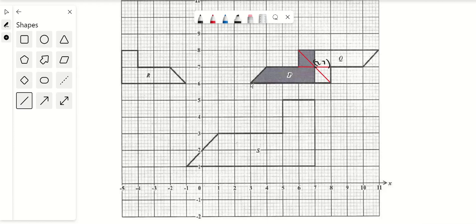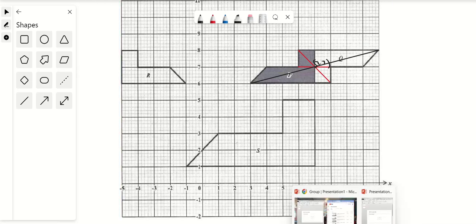We're going to go from this point here straight to this point here, and we'll leave that as black. We want to know what this angle is, so we're going to use a protractor.